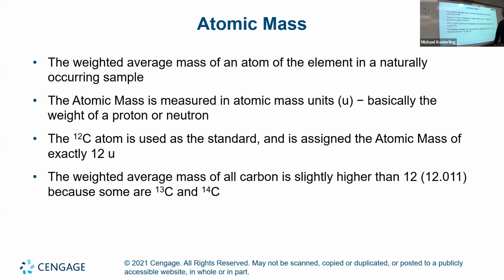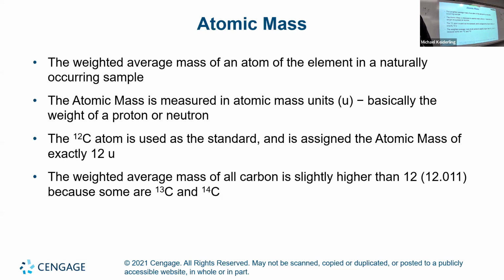The atomic mass you see on a periodic table is the weighted average mass of an atom of the element in a naturally occurring sample. The atomic mass is measured in AMUs. The carbon-12 atom is used as the standard. It's assigned an atomic mass of exactly 12 AMUs. The weighted mass of all carbon is slightly higher than 12, 12.011, because there's some carbon-13 and some carbon-14.